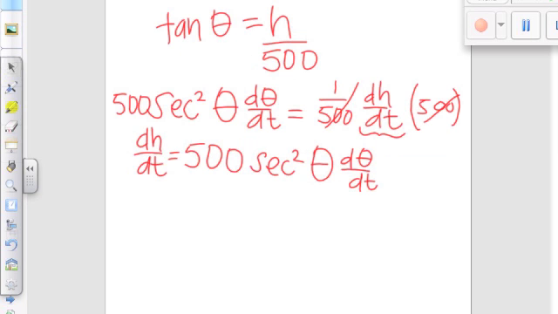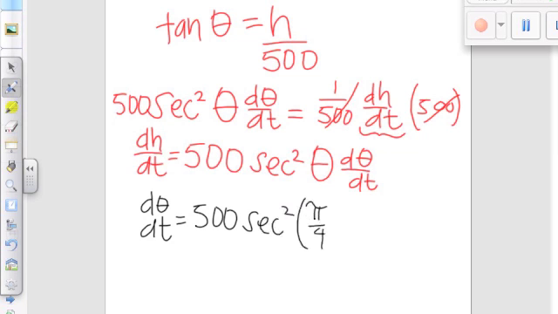So if I plug this in, I get dh dt equals 500 secant squared of pi over 4, and our d theta dt was equal to 0.14, so 0.14.